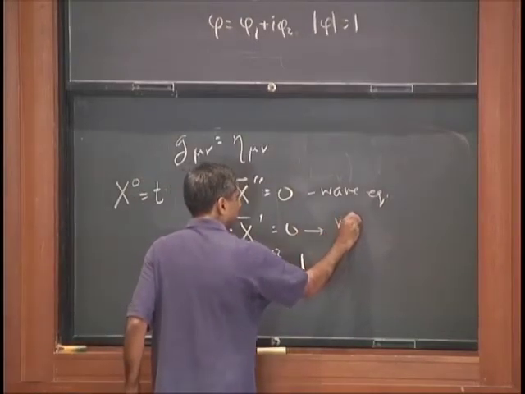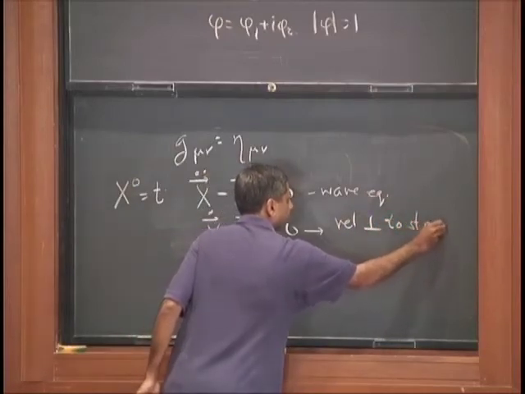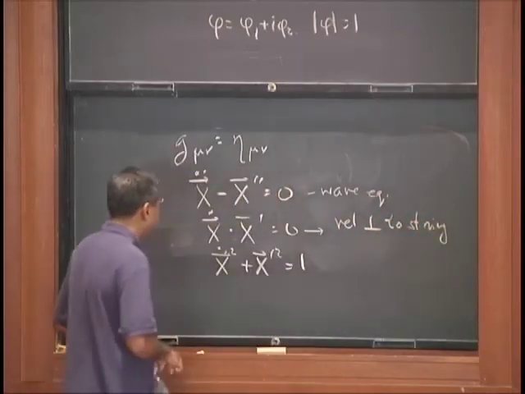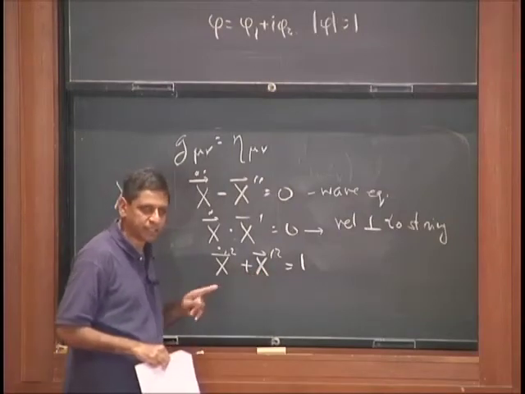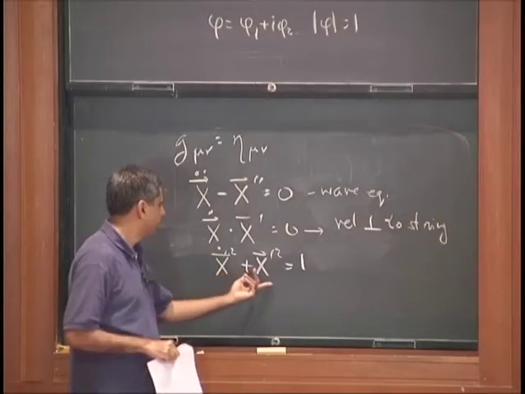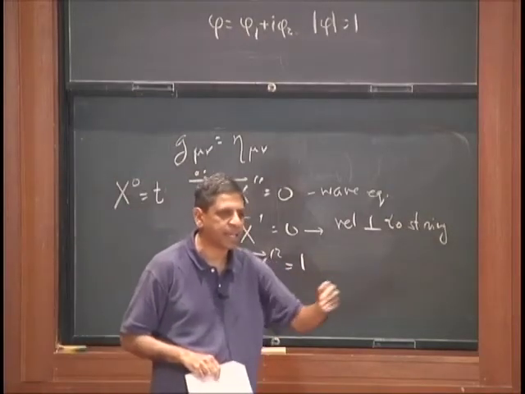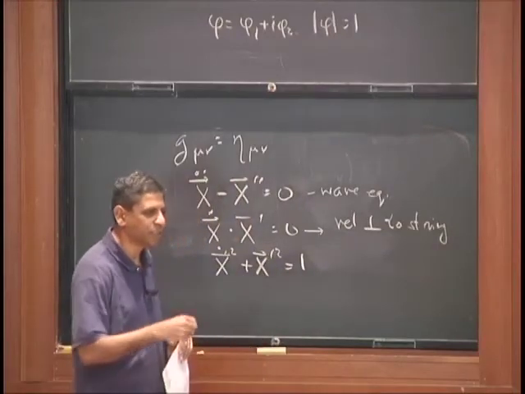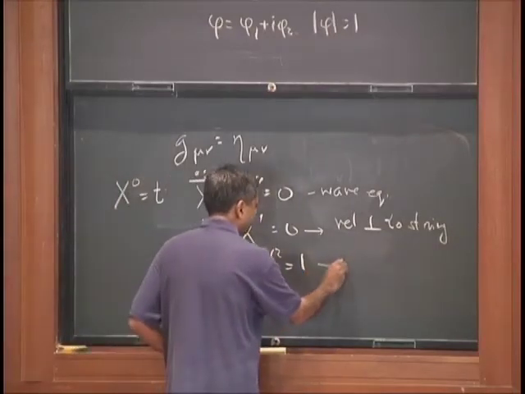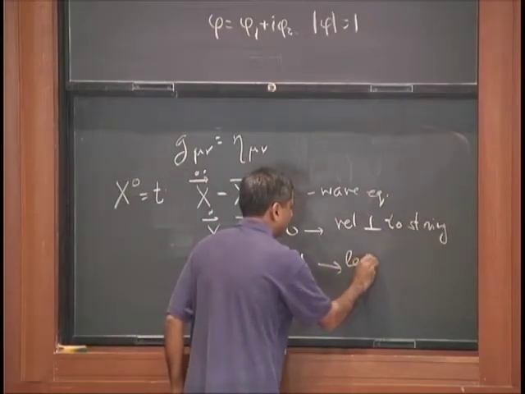So velocity is perpendicular to string. And this actually turns out to be just a choice of coordinates along the string, such that the length measures the energy. Okay, you have a choice. So this is length parameterization.